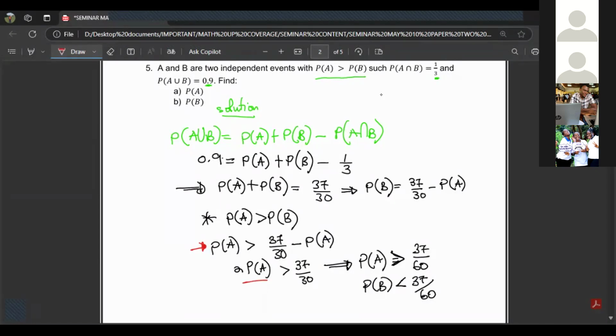When you divide through by 2, it leaves us 37 over 60.